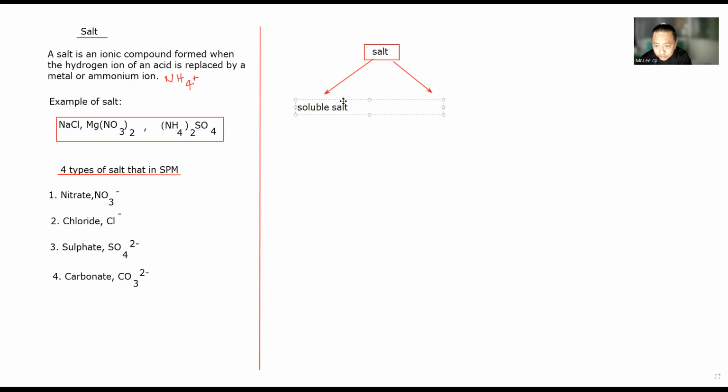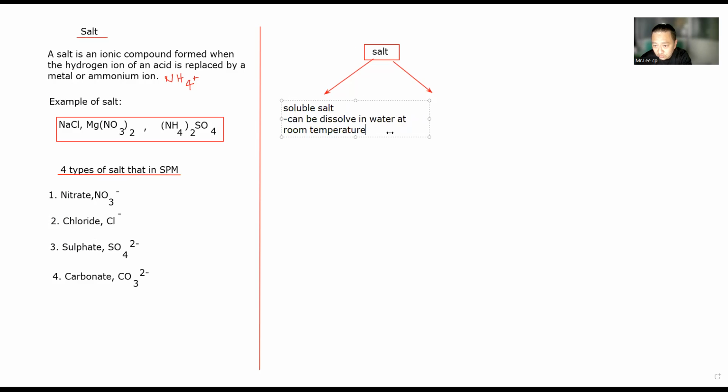Soluble salt means it can dissolve in water at room temperature.